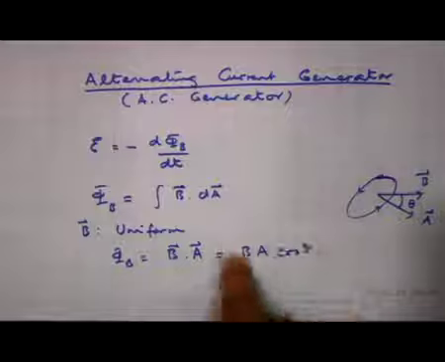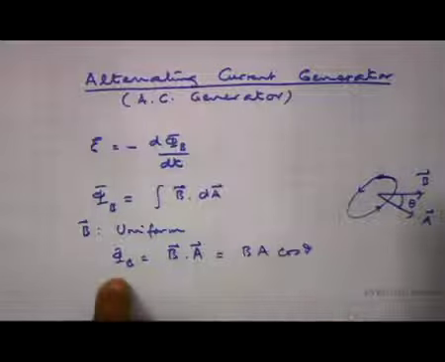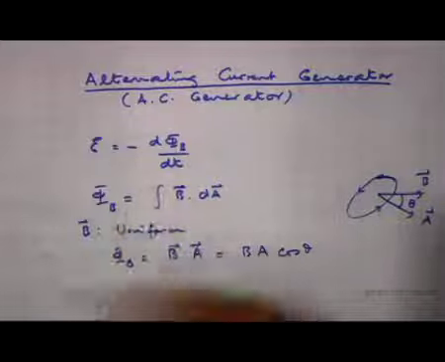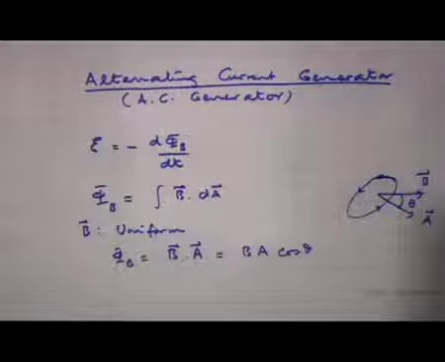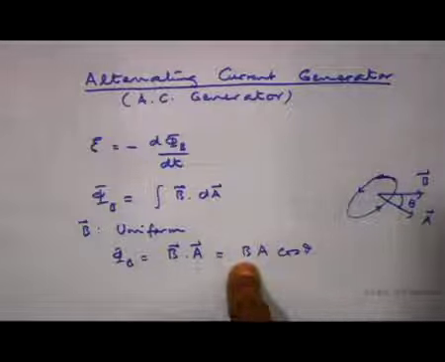If any of these quantities change, there is a change in the magnetic flux, and that change in magnetic flux will induce an EMF. For example, the magnetic field itself could change with time, as happens when you have a solenoid and change the current in it, which changes the magnetic field within the solenoid and so induces an EMF.